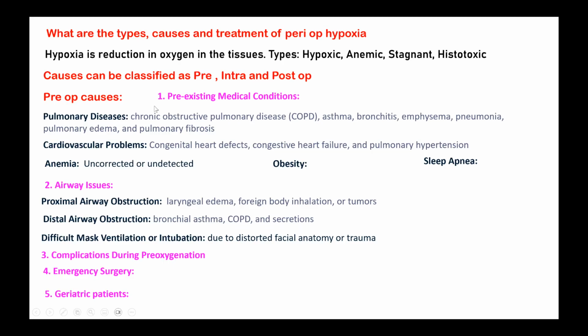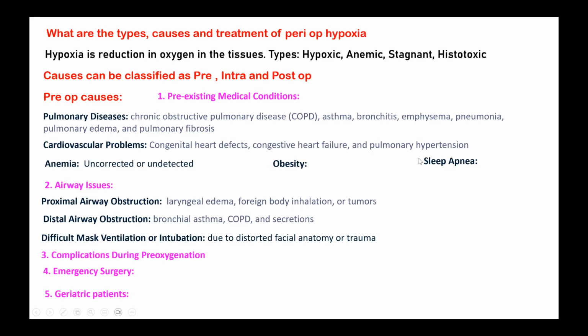And it can occur in the pre-, intra-, or post-op period. The pre-existing medical conditions like pulmonary diseases or cardiovascular diseases or uncorrected or undetected anemia. Obesity is also one of the important causes for both pre-op and intra-op, especially patients who have sleep apnea.